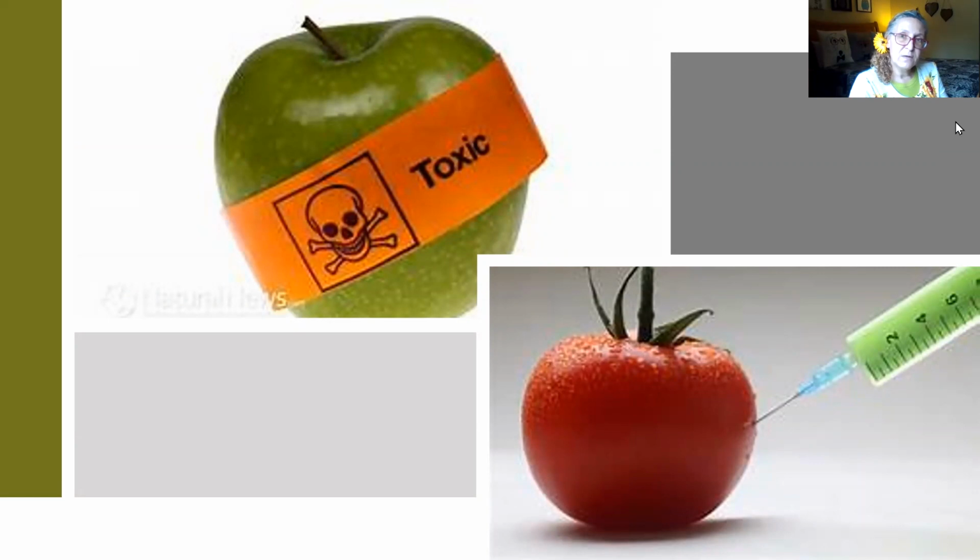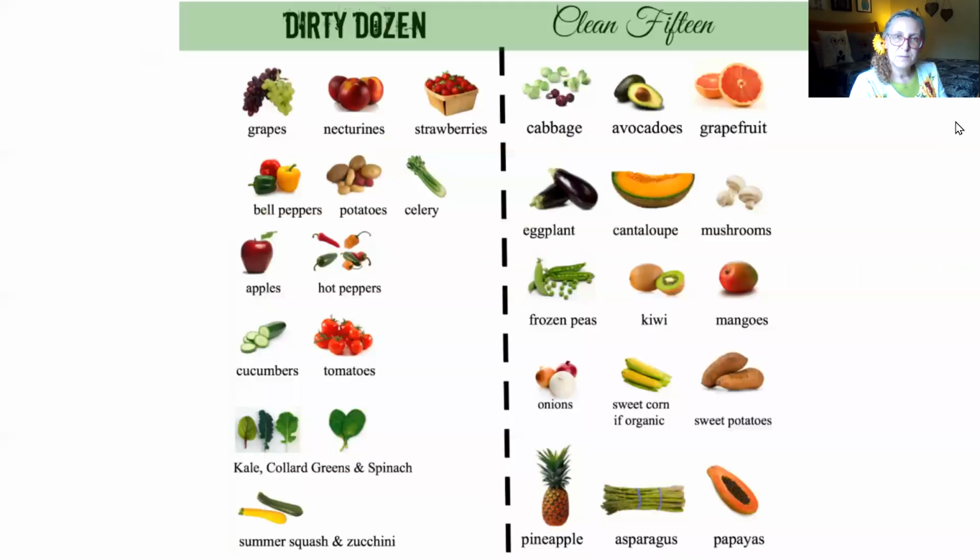So as we're trying to make ourselves healthy, we also want to consider what we're putting in along with those healthy fruits and vegetables. Now, this is what I was talking about earlier. You've got what's called the dirty dozen. These are the fruits and vegetables that are very highly sprayed down with pesticides for bug prevention.